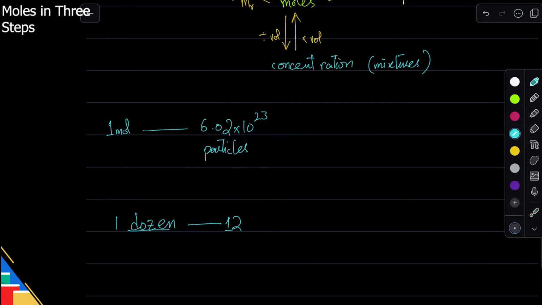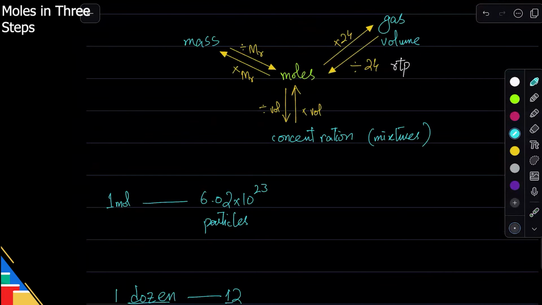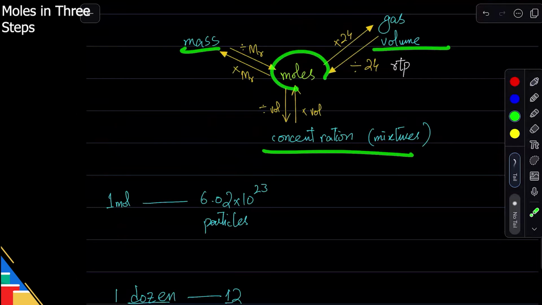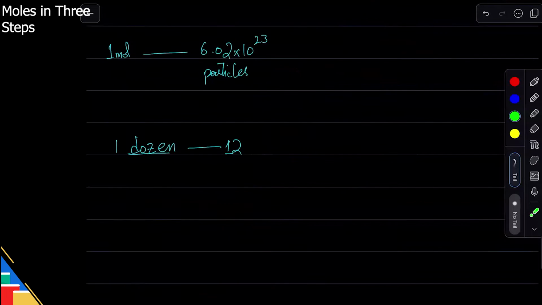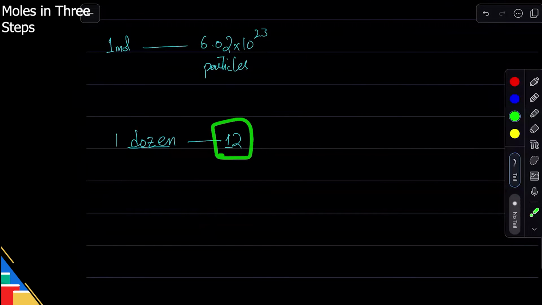So then what do we do? We simply measure things in terms of their mass, gas volume, and concentration, and we find moles, and then we know how much we have. So in dozen, we can find 12 separately and say, okay, I have a dozen. Or I can find the dozen and multiply by 12 to find how many things I have.